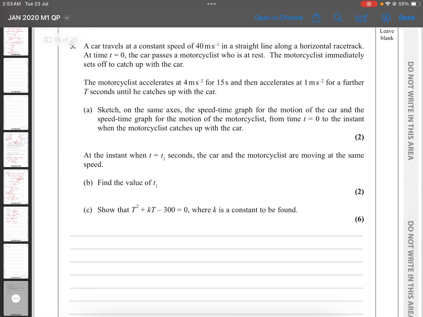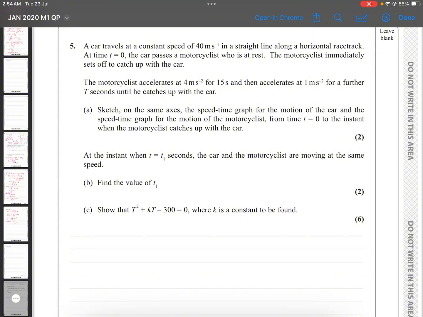Now question 5. Question 5 states that a car travels at a constant speed of 40 meters per second in a straight line along a horizontal racetrack. At time t equals 0, the car passes a motorcyclist who is at rest. The motorcyclist immediately sets off to catch up with the car.